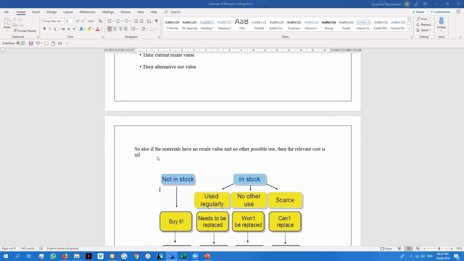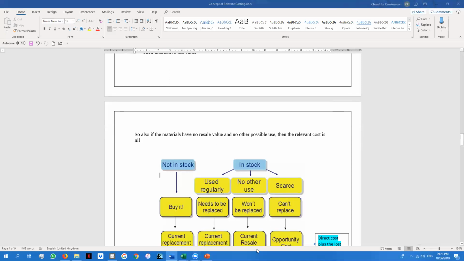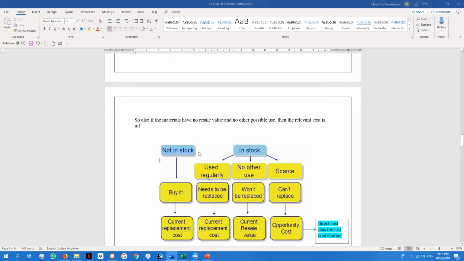So let's see here. These are the general scenarios that can apply with materials. And again, to bring it out, I'll be using a special order scenario. That is one of the decision situations you need to know about, as I've been saying. So a customer comes, and the customer wants you to do a job for them. The job calls for 500 kilograms of a certain type of material.